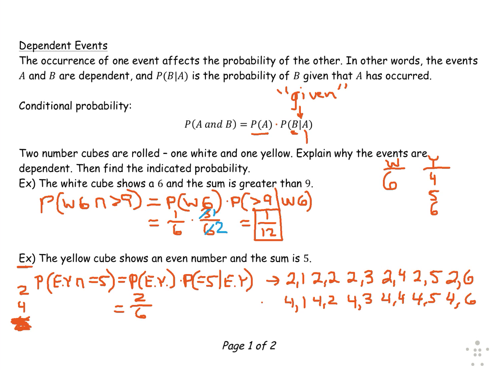These are now our sample space. There are 12 of them. 12 possible options now for us to get a sum of 5 with the next roll, with the next number cube. The sum 5 only happens when the white number cube is going to be a 3, or the white number cube is a 1.